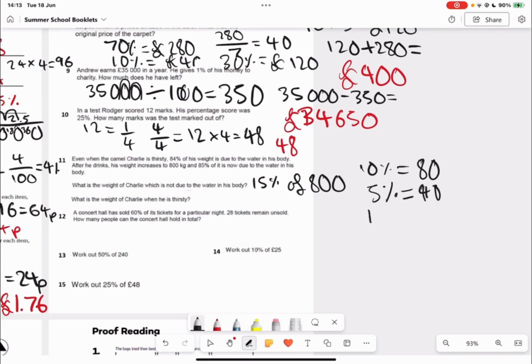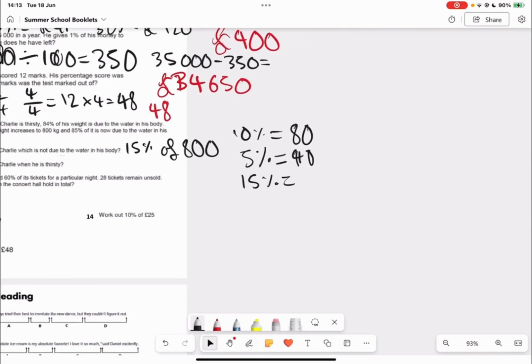So then 15% will be 80 plus 40, which is equal to 120.